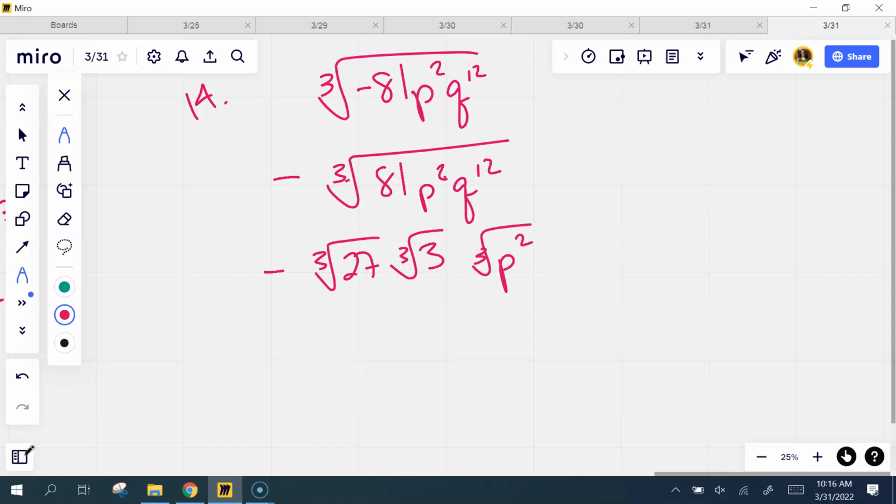No, y'all, they don't go in at all. 3 goes into 12 4 times. This becomes negative 3, of course, and the q to the 4th. And then I've got the third root of 3p squared. Does that make sense?